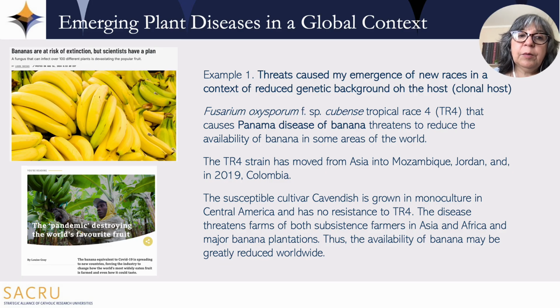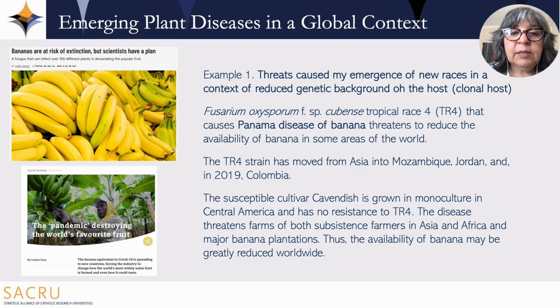We are going to review now some important plant diseases that are considered emergent plant diseases in a global context. The first example that I have here on the slide is the threat that fungal plant pathogens are causing in the production of banana. In this case, the emergence of these new pathogens is related to reduced genetic background of the host.